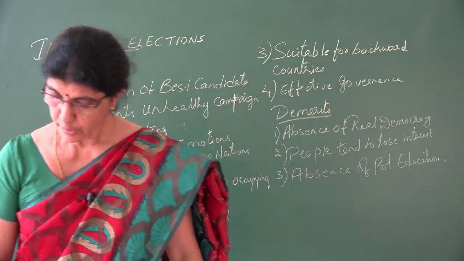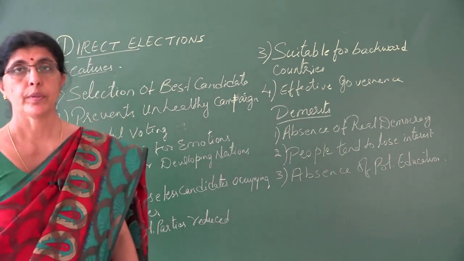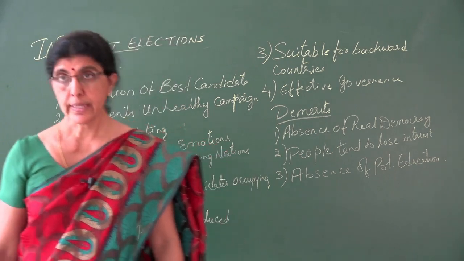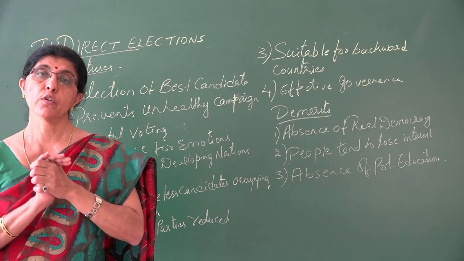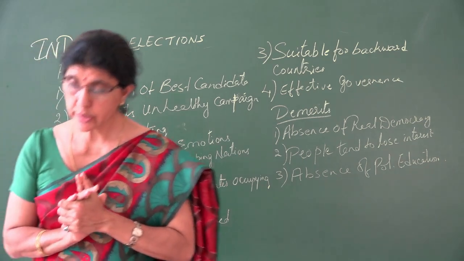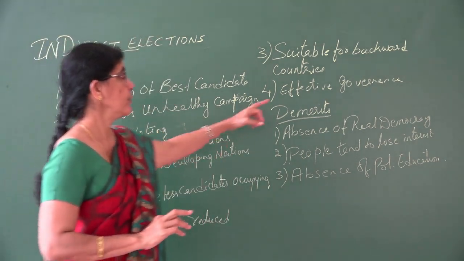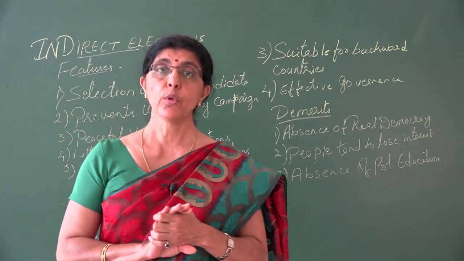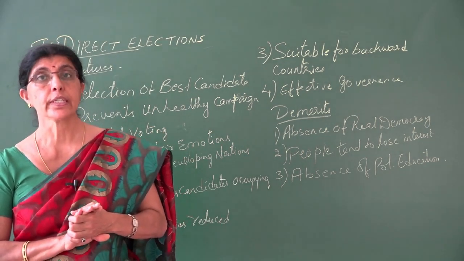Next, effective governance. The government is formed by representatives who are experienced and intelligent. The Electoral College consists of experienced, intelligent people, and all of them choose their leaders who are very good. For example, Mr. P.V. Narasimha Rao was the Prime Minister during an economic crisis in the year 1991.